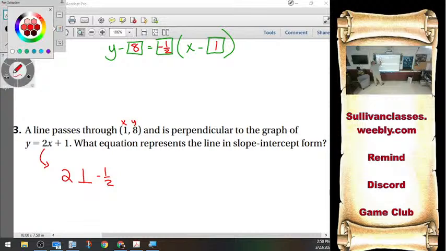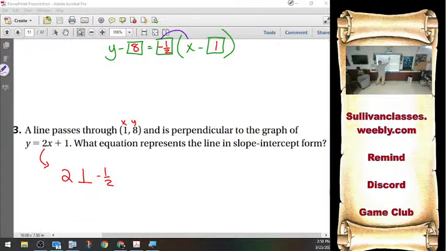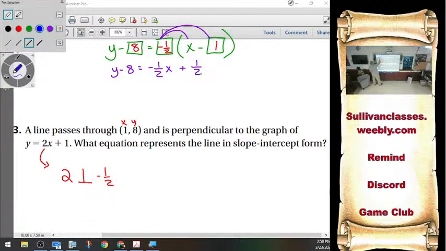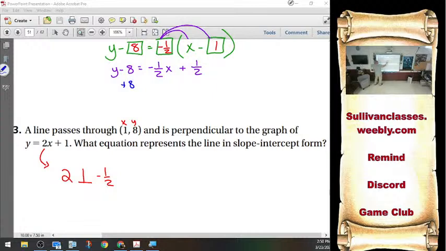Then I need to clean it up. We'll distribute. Negative times negative is positive. 1/2 times 1 is just 1/2. Add 8 to both sides.